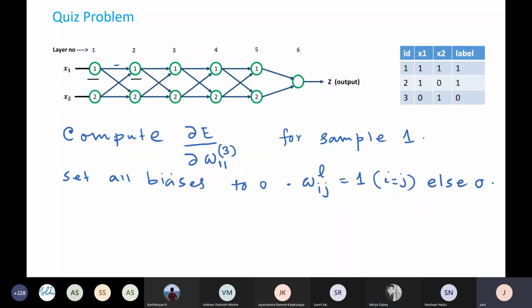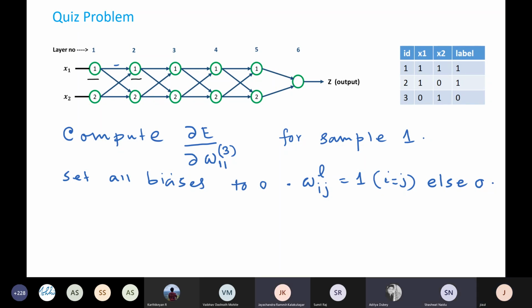The neurons are numbered from top to bottom. The topmost neuron is numbered 1, and then gradually you go down. So if you look at that, are you still sticking to your initial answer that the Z value will be 2?